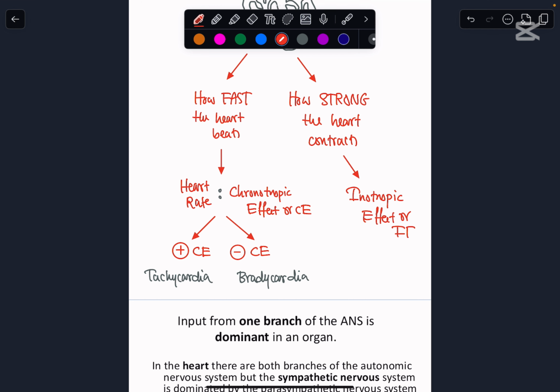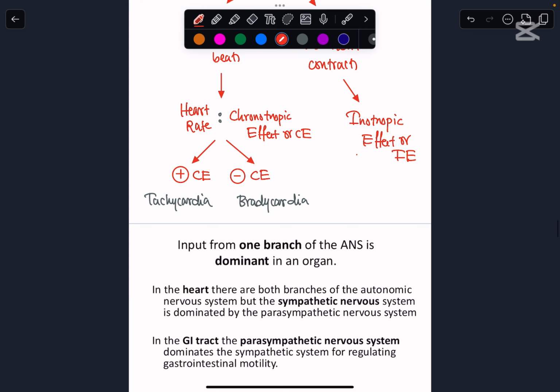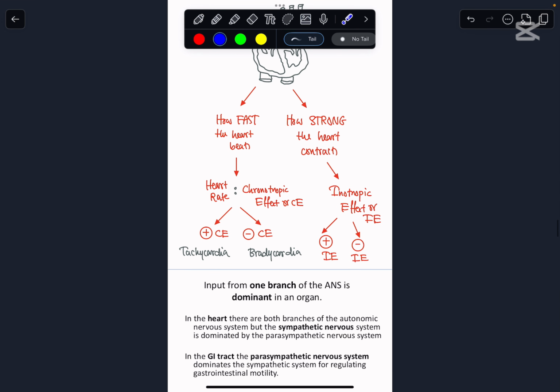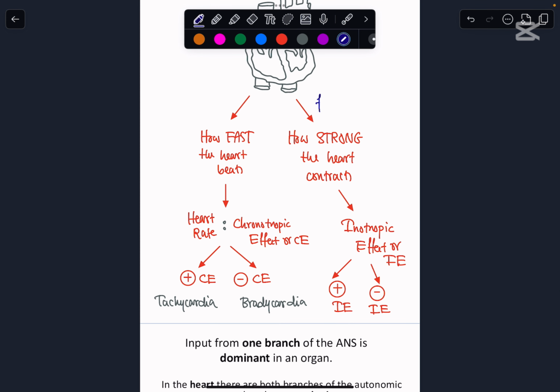Let's just call it IE. When it comes to IE, again, we can have positive inotropic effect and negative inotropic effect. So the heart can beat very forcefully. That's called the force of contraction, whereas the other one is the speed of its contraction.